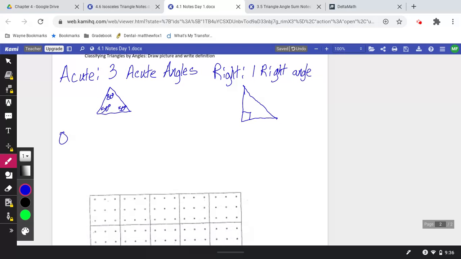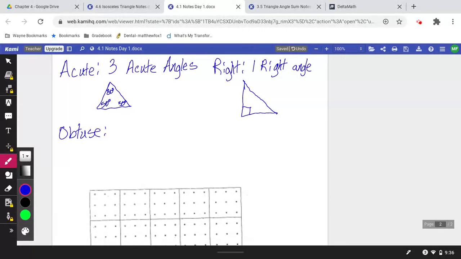Now, if we have an obtuse triangle, sorry. That means we have one obtuse angle.